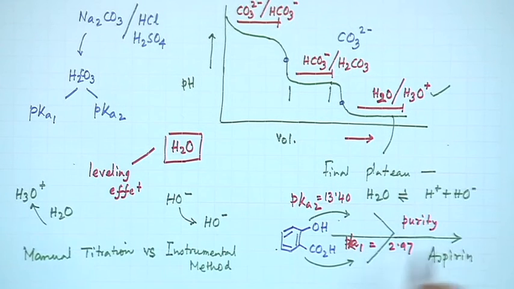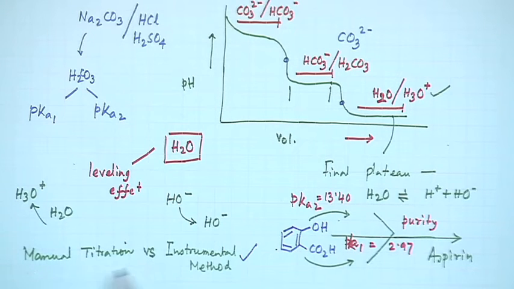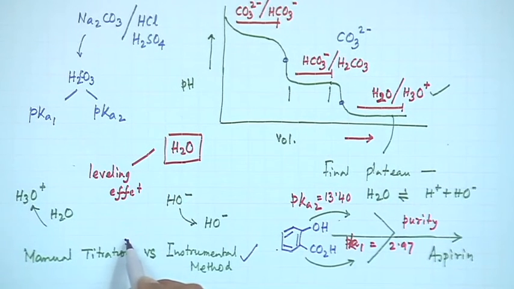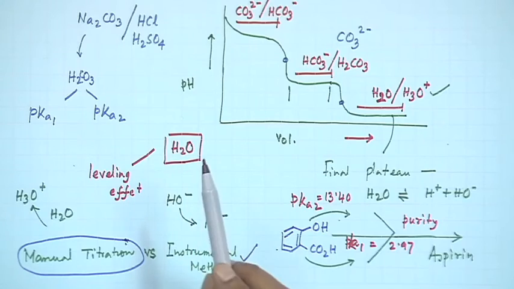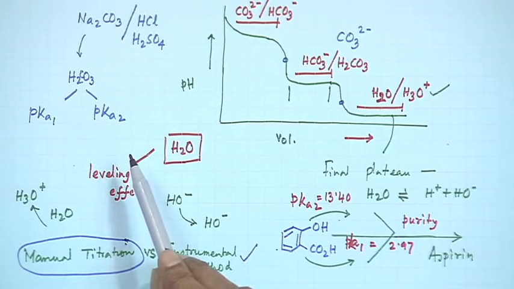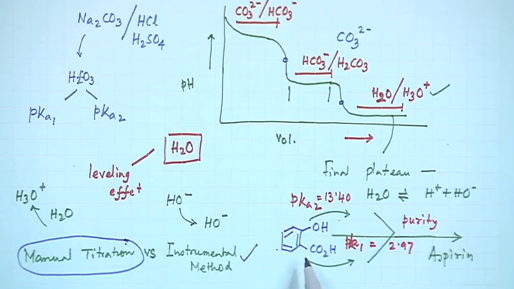In this class of spectrochemical methods, we are slowly moving towards instrumental methods of analysis, but manual titration is still a very good methodology where we can titrate the amount of unknown samples, starting from acetic acid, sodium carbonate solution or carbonic acid, or salicylic acid. These are some typical examples.